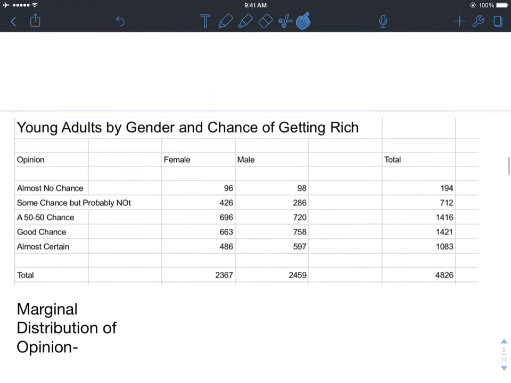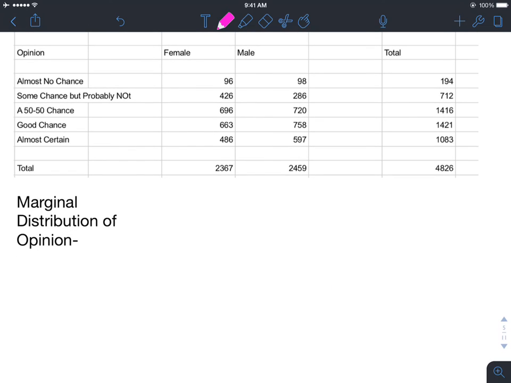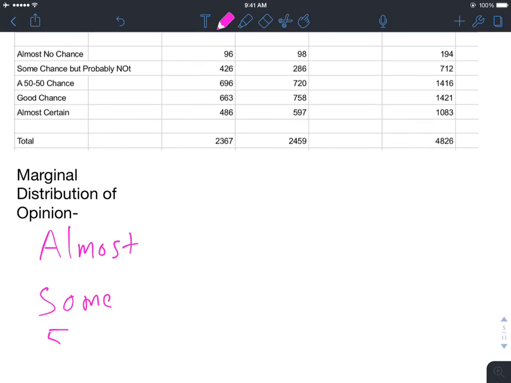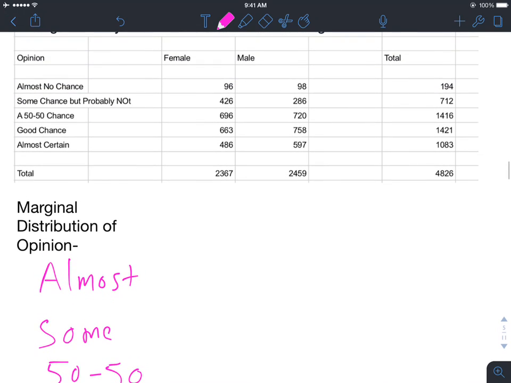You could go ahead and calculate the marginal distribution of opinion. And here you have 5 different categories: almost no chance, some chance, 50-50 chance, good chance, and almost certain. To look at those, for almost no chance, you would do 194 divided by the total 4,826, and that will give you 4%.